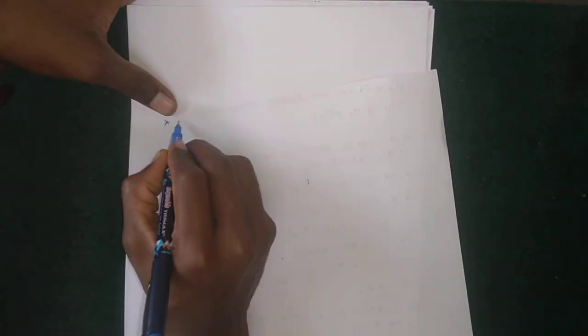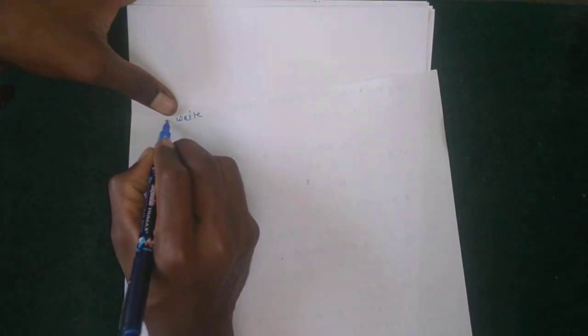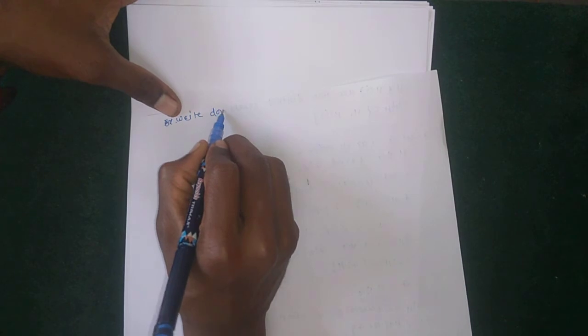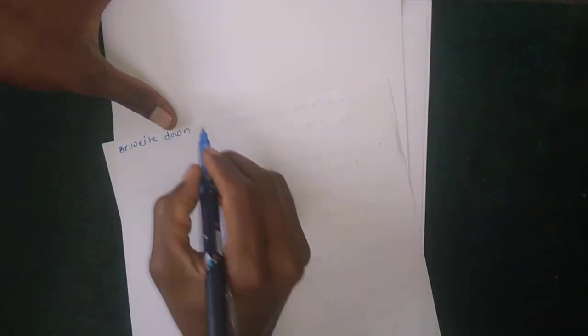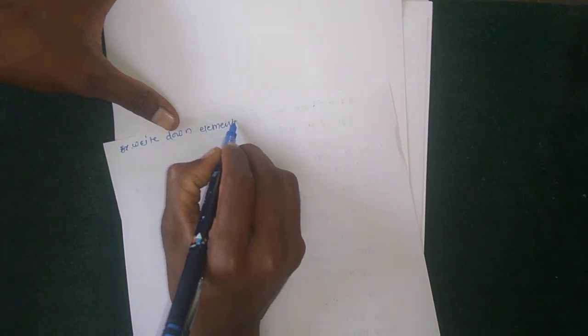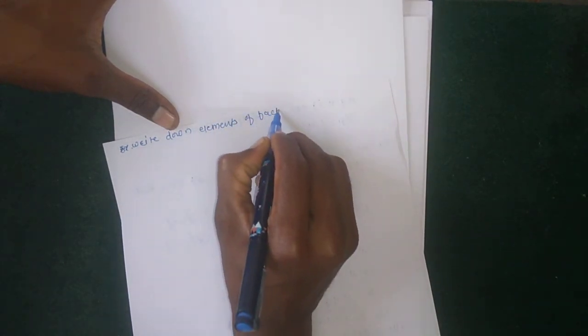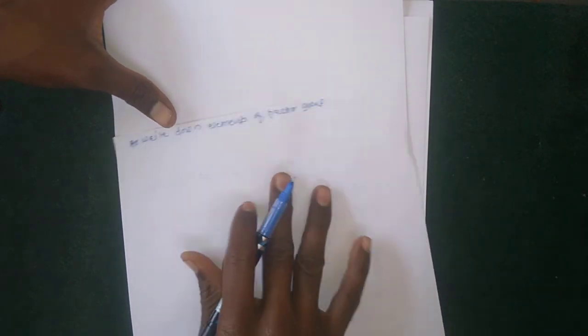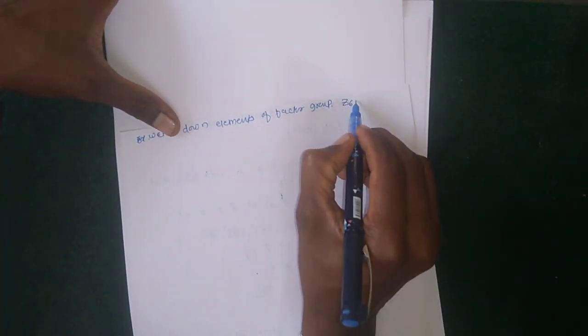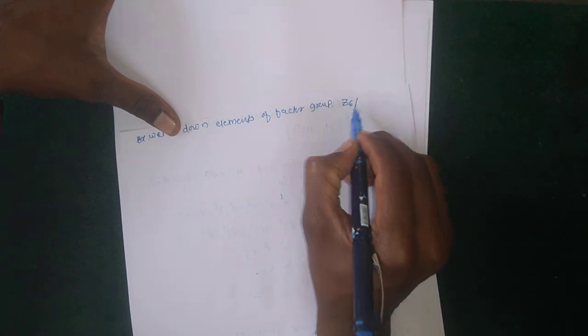Then the next example is: write down the elements of the factor group Z6 over the subgroup generated by 2, okay.